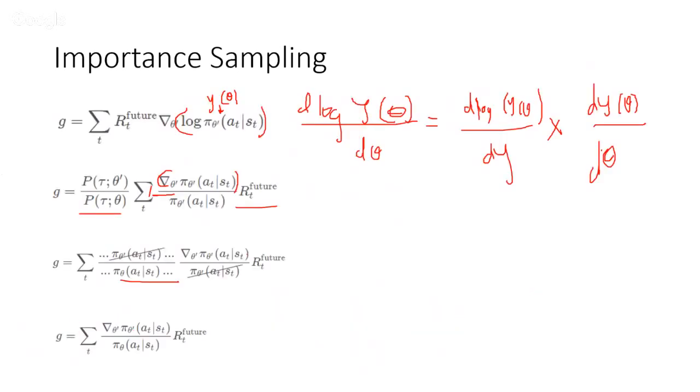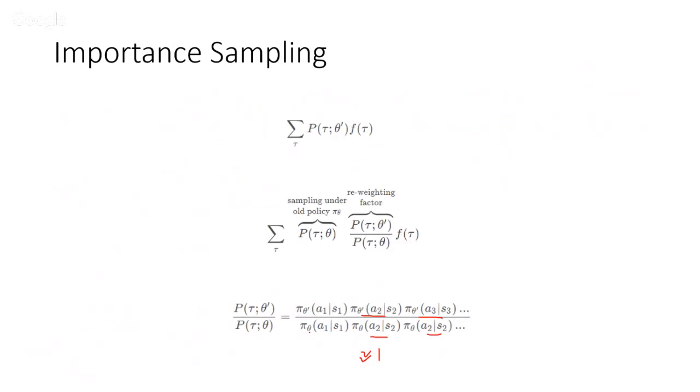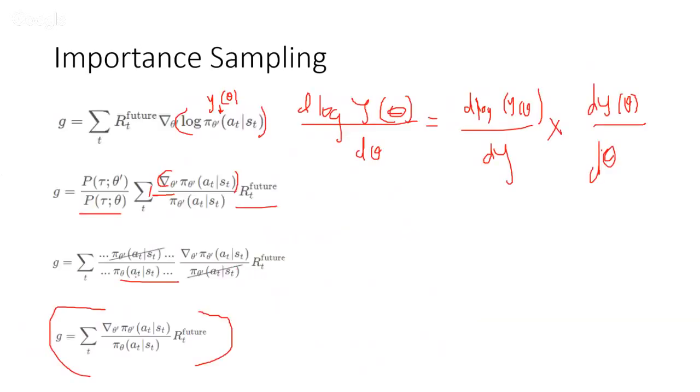That's why they disappeared, and we get this equation, with the condition that theta to theta prime doesn't change so much, so that these ratios of probabilities are close to 1. If they are like 0.9999, then the product won't affect the overall equation much. That's why we get this.